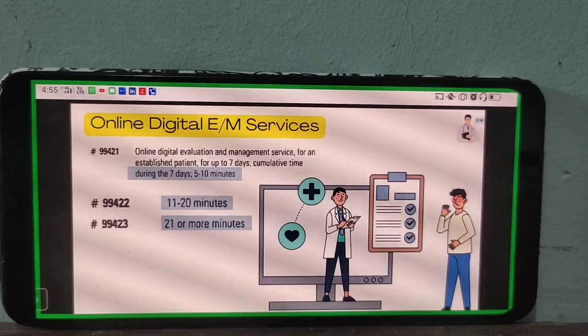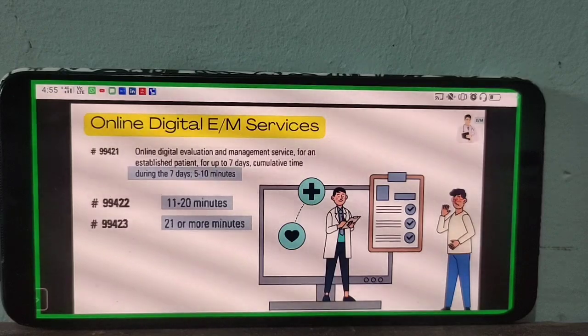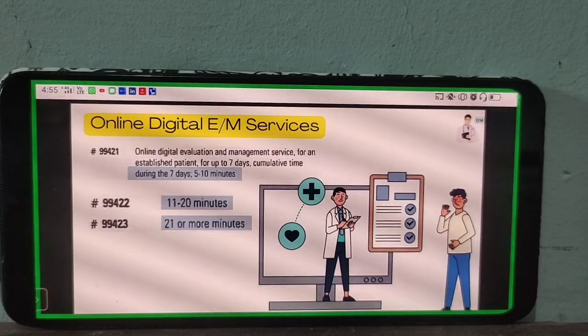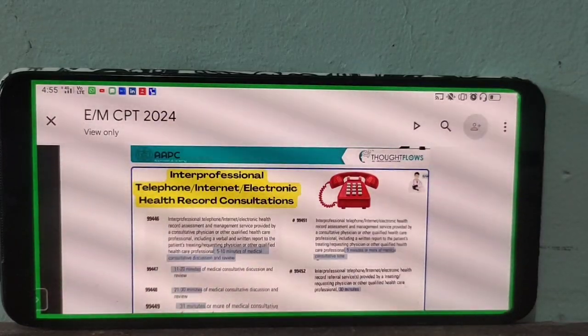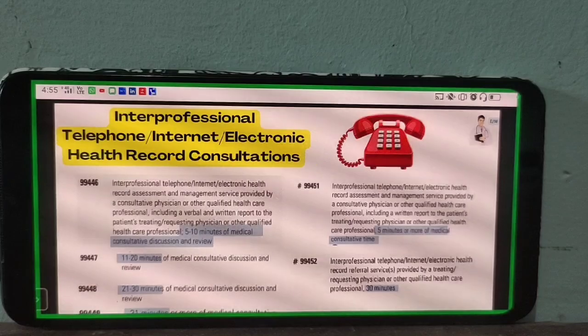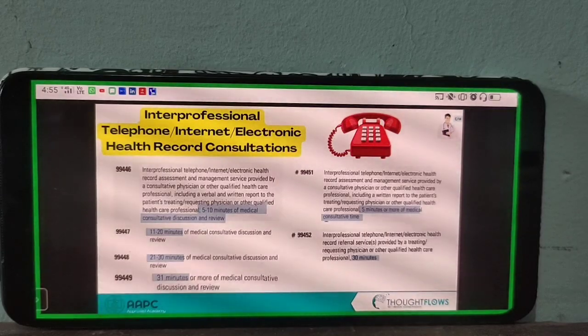So these are the code sections for online digital E&M service, both audio and video. And here this is also both communication, that means both audio and video, either telephone service or online service, whatever it is.